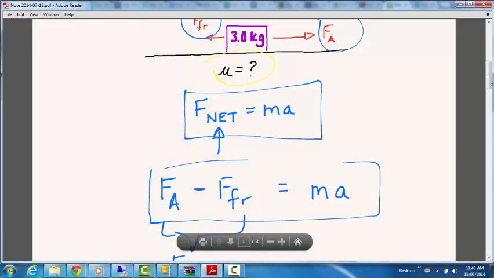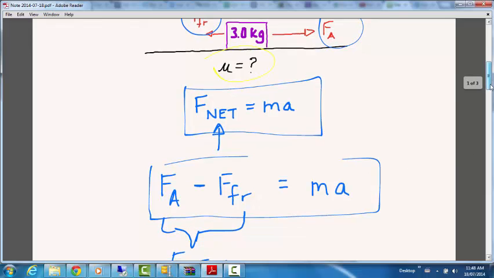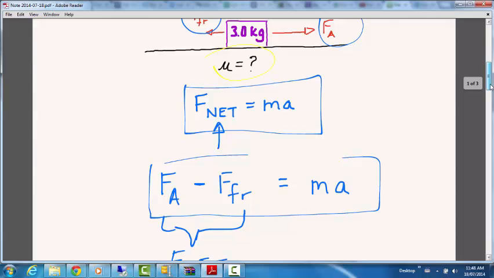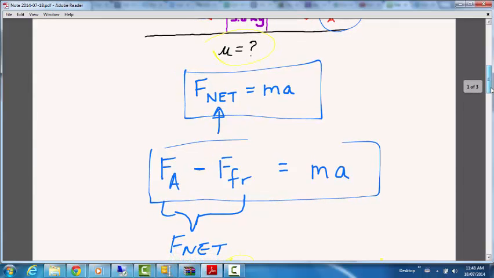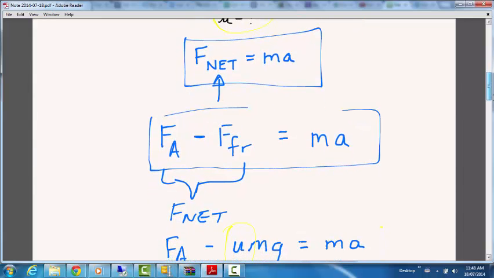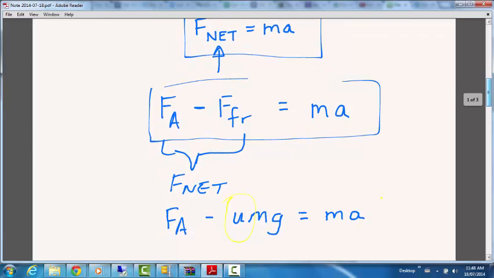Now that we've got a specific expression for this problem, again, the expression changes depending upon what problem you're working on. We can now write in the expression for each term. In other words, FA remains the same because we've got the value for that.